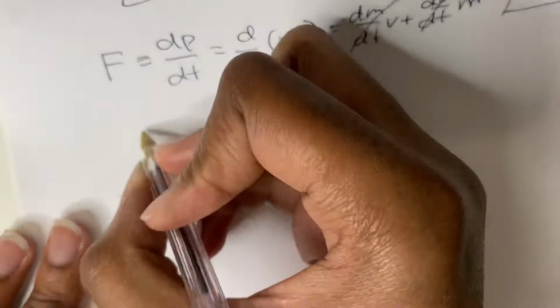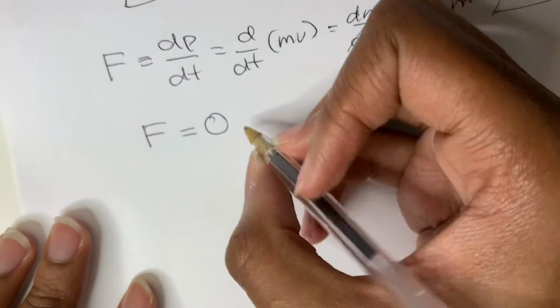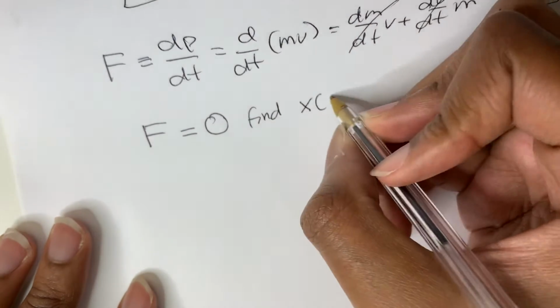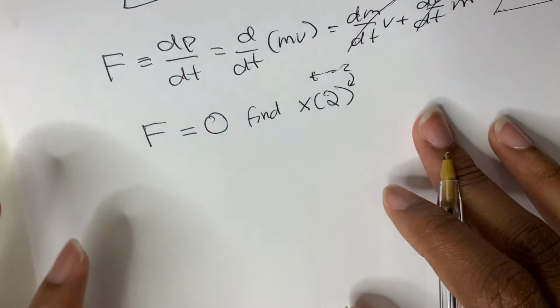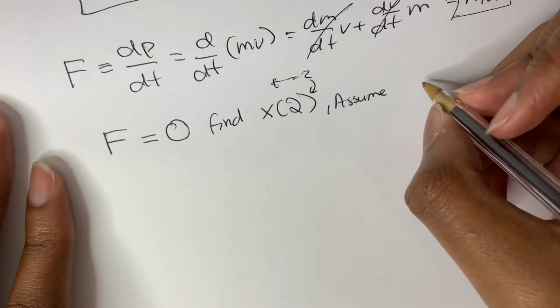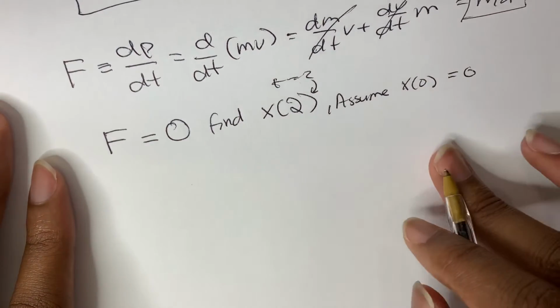So let's say that the force acting on some object is 0. Let's find where the particle will be at t equals 2. And let's assume that the particle starts out at the origin.